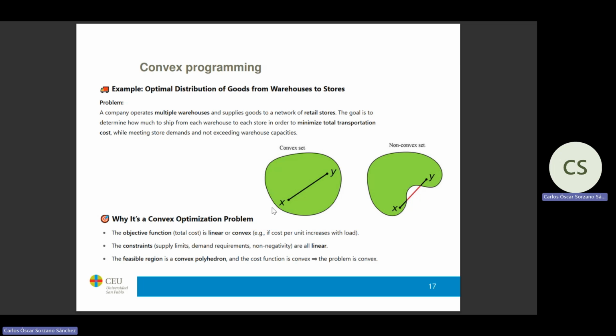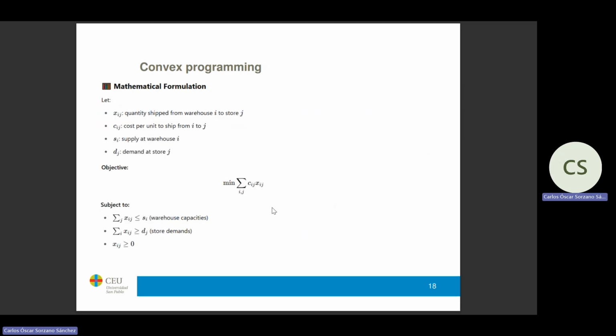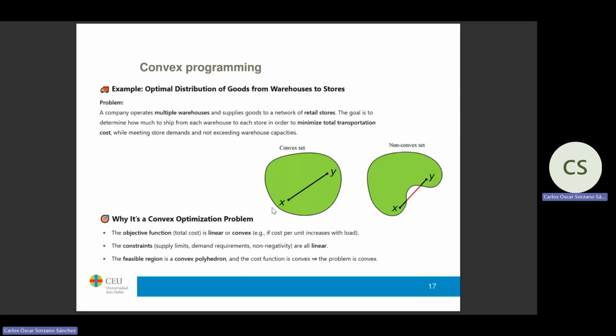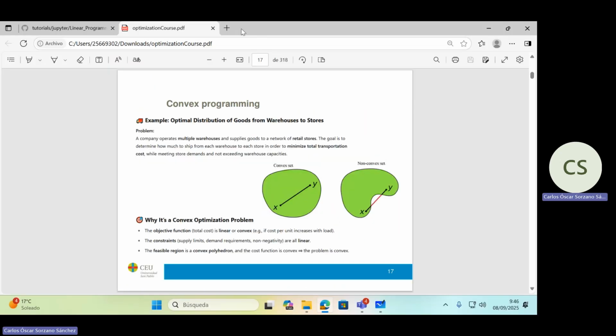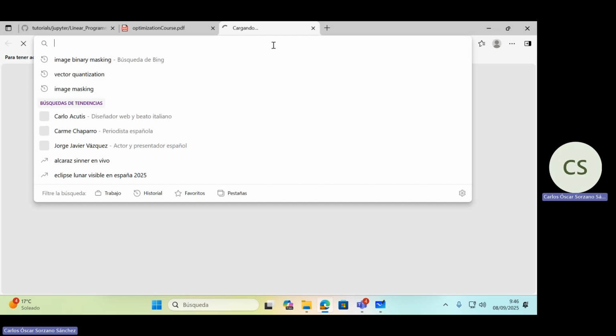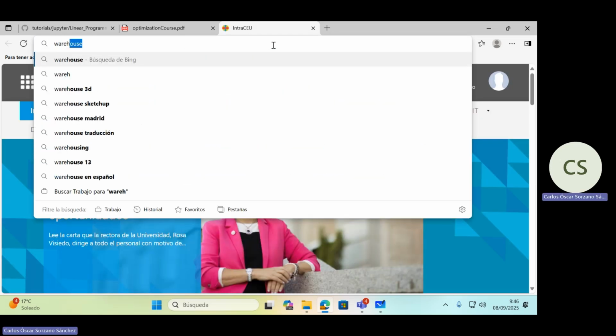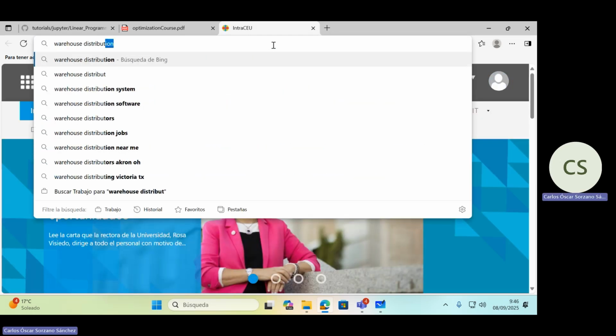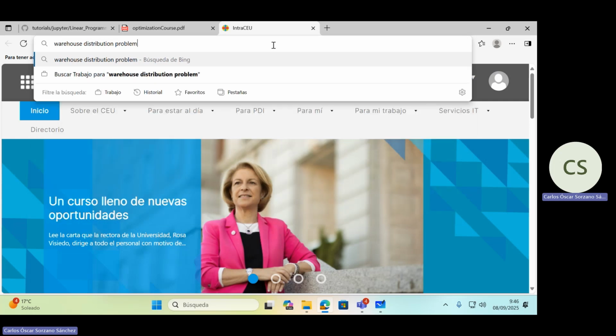The goal is to ship from each warehouse to each one of the stores, minimizing the total transportation cost. I don't have a nice picture of this, but you can imagine it. So, a warehouse distribution problem.